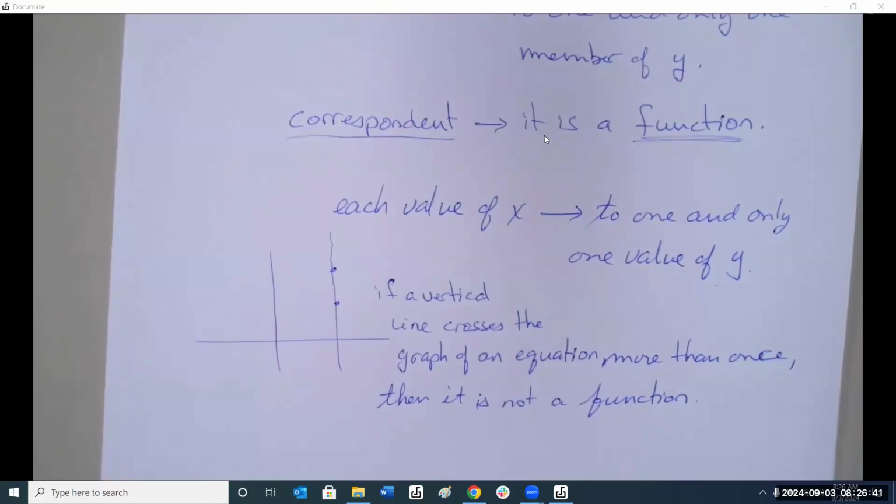If a vertical line crosses the graph of an equation more than once, it is not a function.